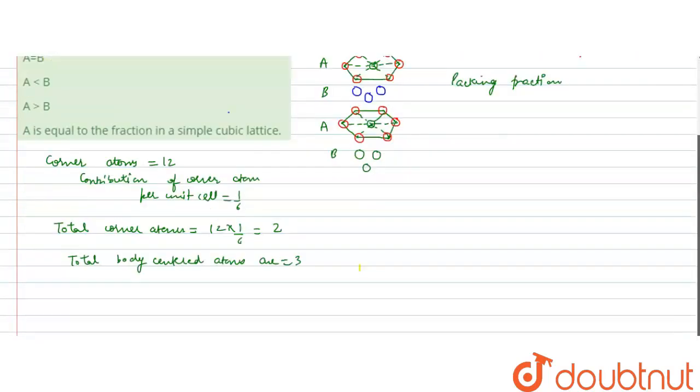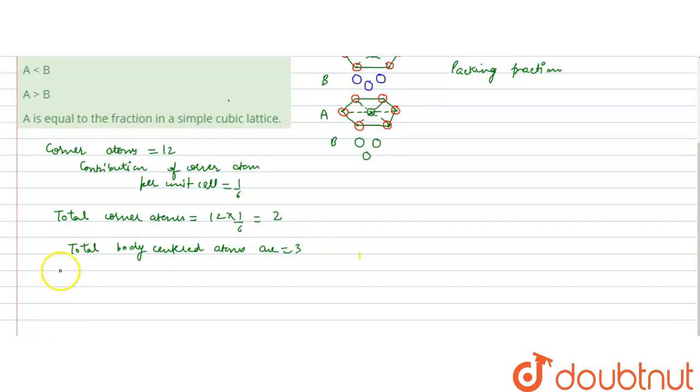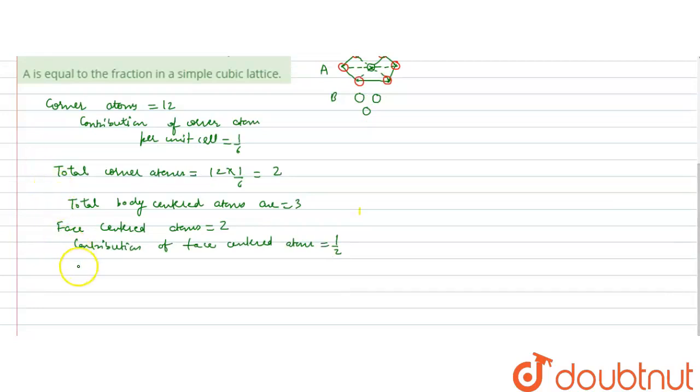So its contribution will be half. So face centered atoms are 2, and contribution of face centered atom is 1 by 2. So the total face-centered atoms would be 2 into 1 by 2. That will give us 1.